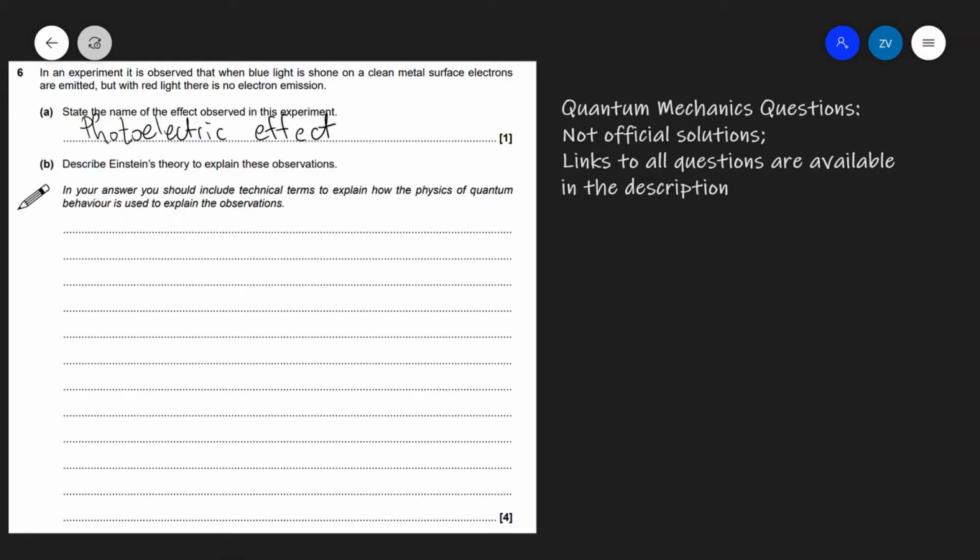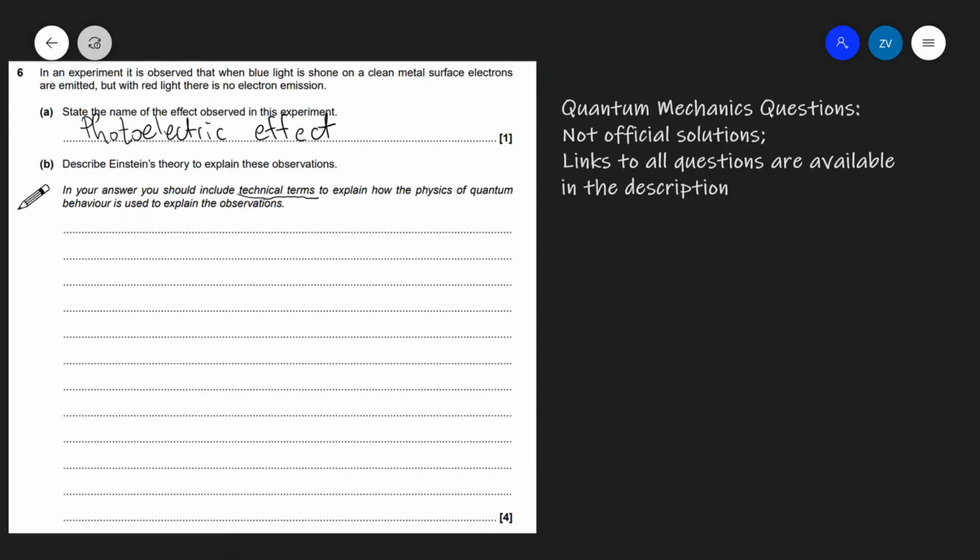Now, the next one here: describe Einstein's theory to explain those observations. In your answer, you should include technical terms. So, okay, we're going to be describing some technical terms. As soon as I read technical terms, I think about the work function, the threshold frequency, for instance. So I'm going to make sure to include those in our answer.